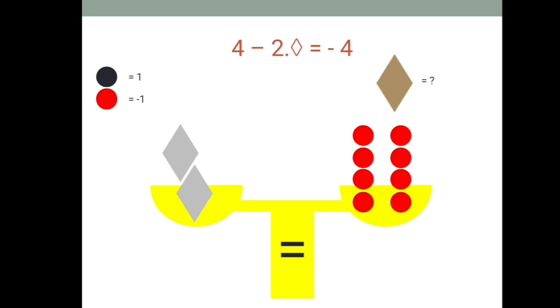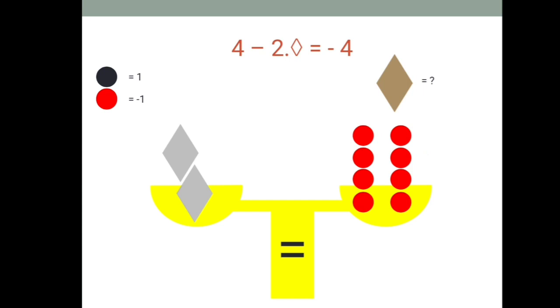So remember, our goal is to know the value of rhombus equal to something. So here there are 2 rhombus and 2 columns of red balls, each with 4 red balls.